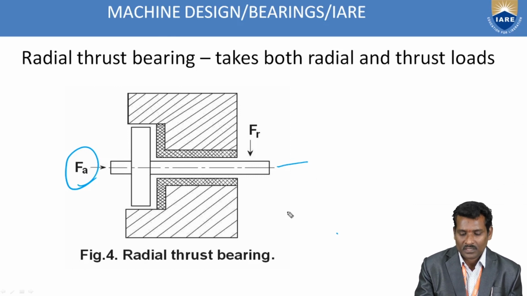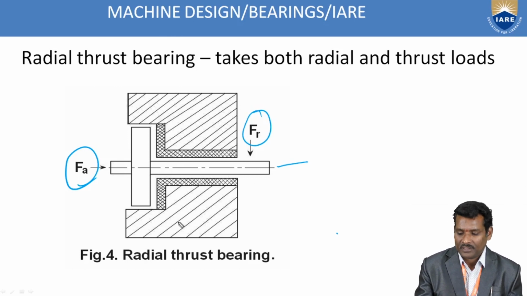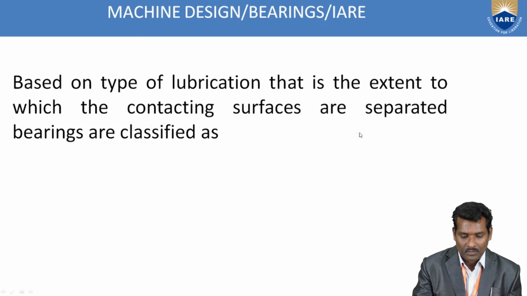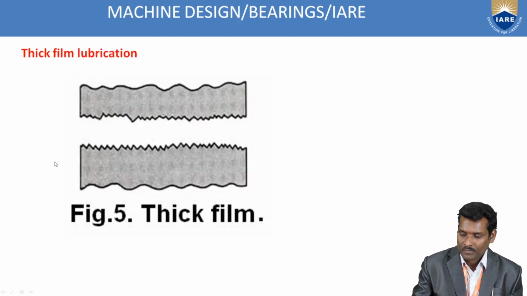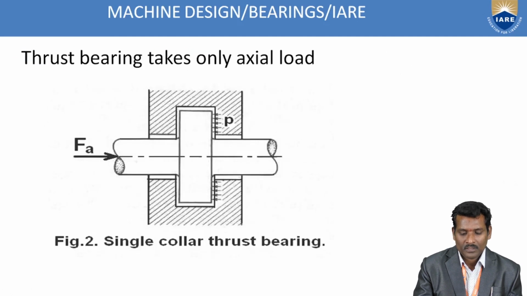This diagram shows both radial and thrust loads. It also takes the radial load, and this type of bearing is called a combined bearing. In the previous case, this is the axial load diagram.